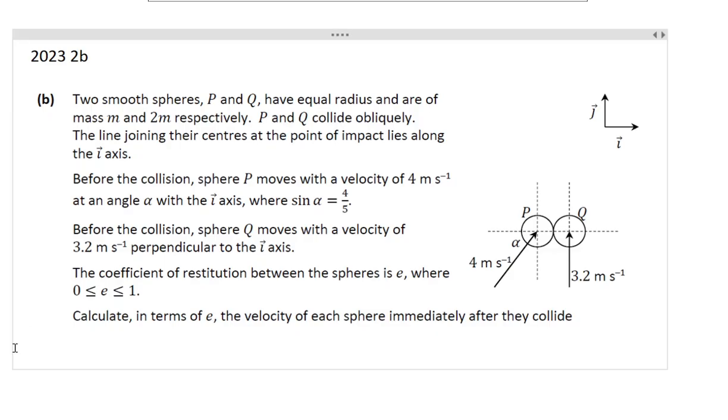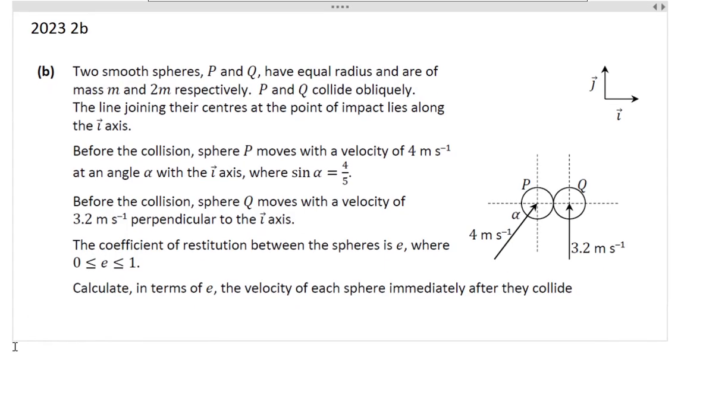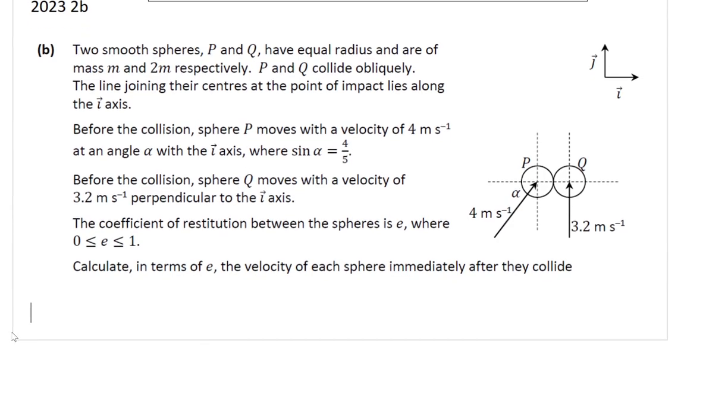Before the collision, sphere P moves with velocity 4 at angle alpha with the I-axis, where sine alpha equals 4/5. As soon as I see sine alpha equals 4/5, you have to draw a quick right-angled triangle for yourself.